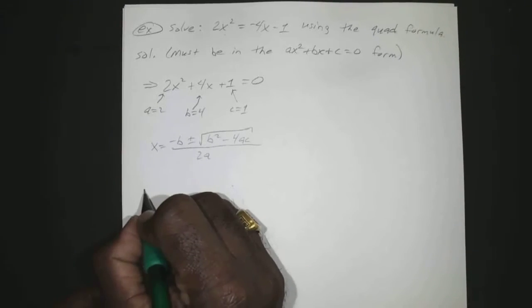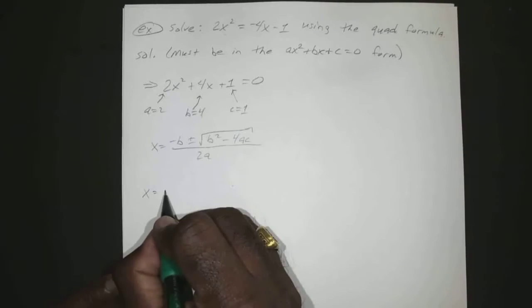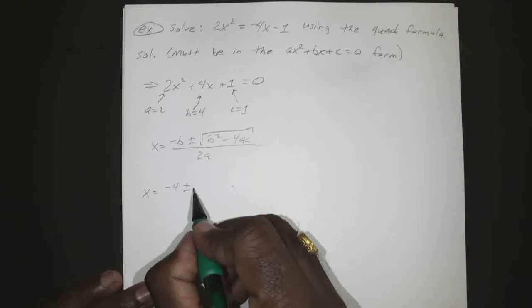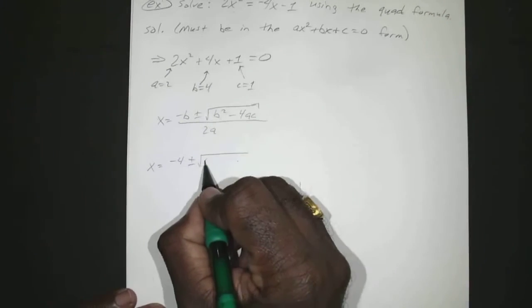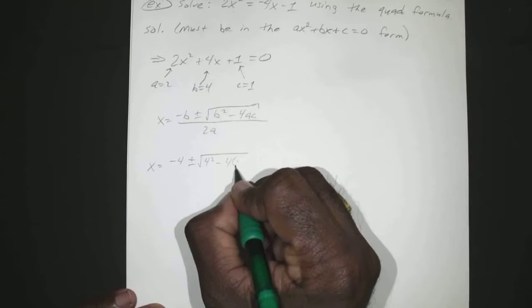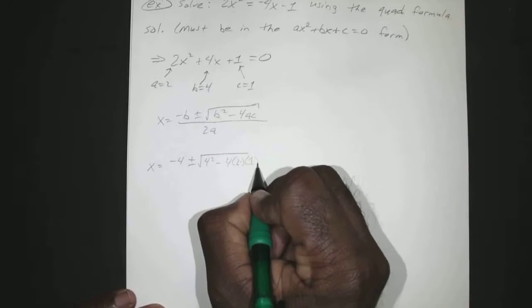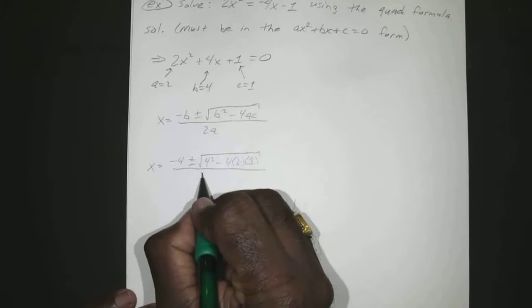Okay, so now if we plug everything in, x equals negative 4 plus or minus the square root of b squared minus 4 times a times c, so 4 times 2 times 1, all over 2a, so that's 2 times 2.